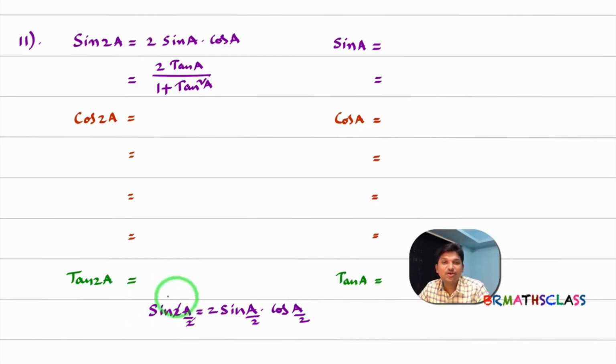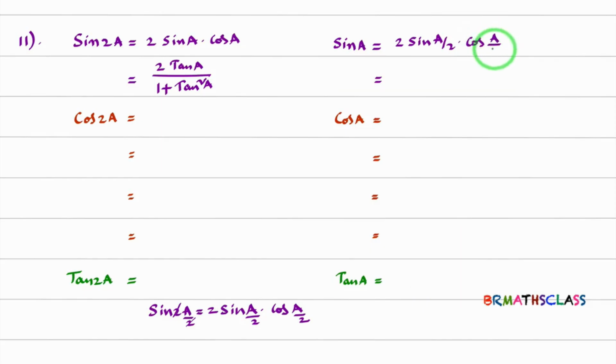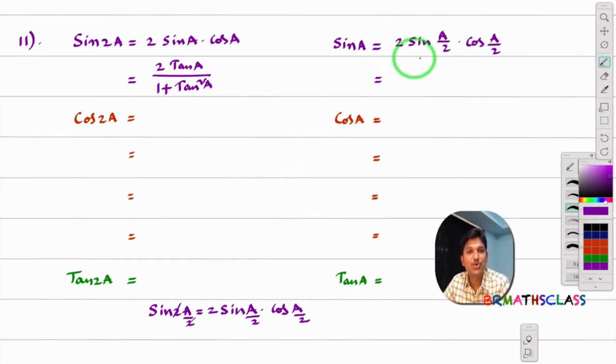In the left hand side, sin a is remaining. What do you get in the right hand side? 2 sin a by 2 cos a by 2. So the sin a formula is 2 sin a by 2 into cos a by 2. So if you learn the sin 2a formula, you can easily write sin a.